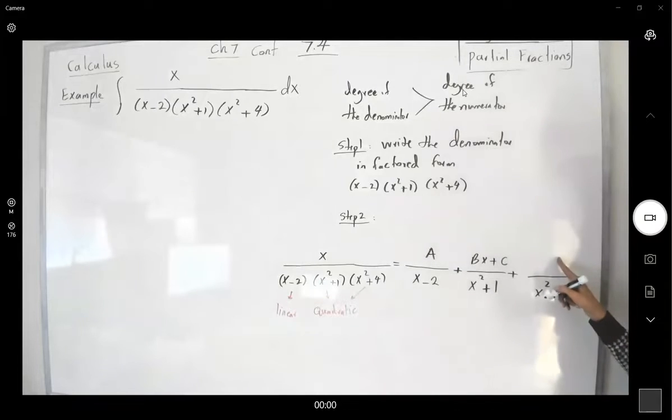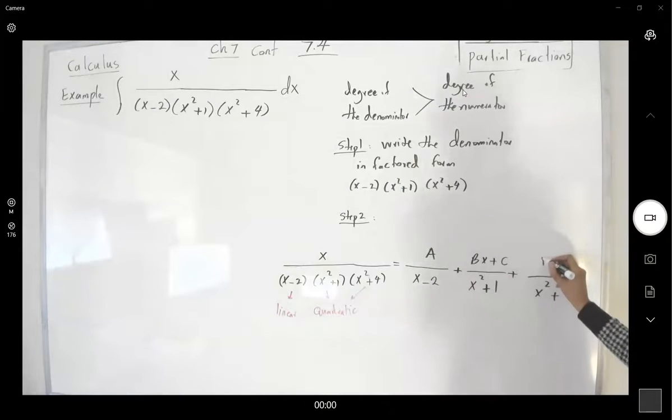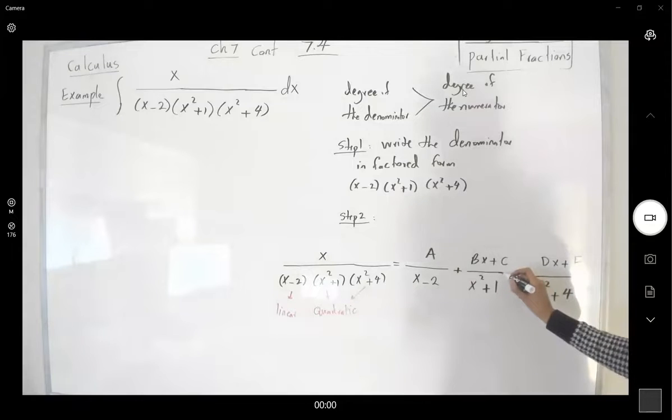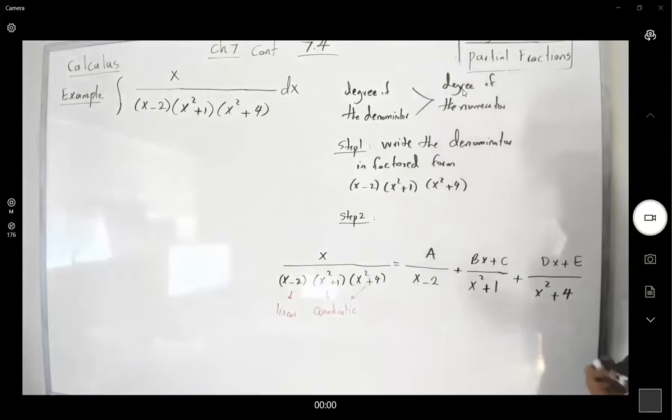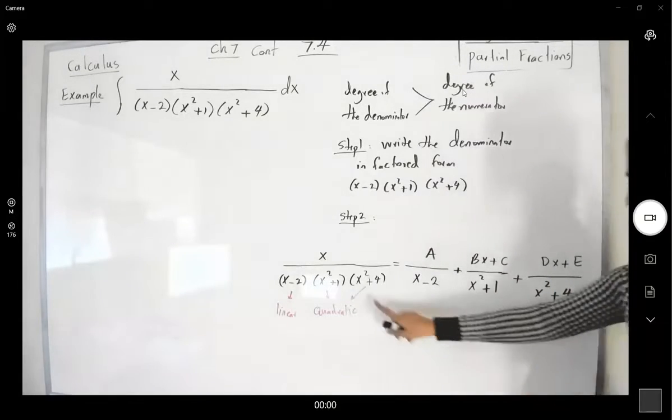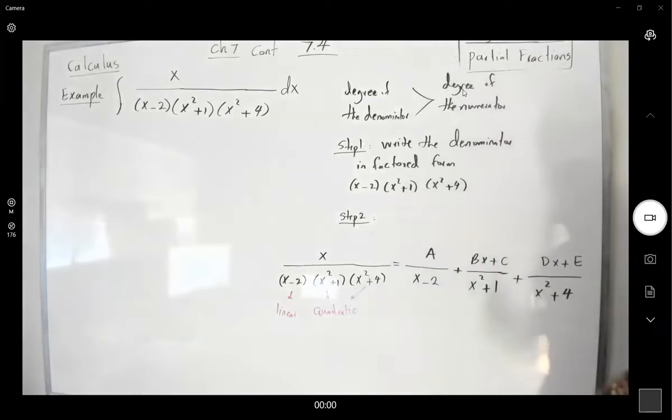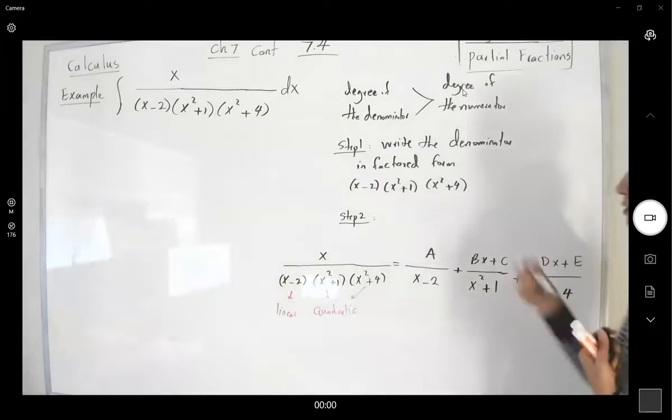On its numerator, you have to have a linear expression, dx plus e. That's how we break down when we have quadratic expressions on the denominator. We have to have linear expressions on the numerator. Then in step 2, we solve the equation.